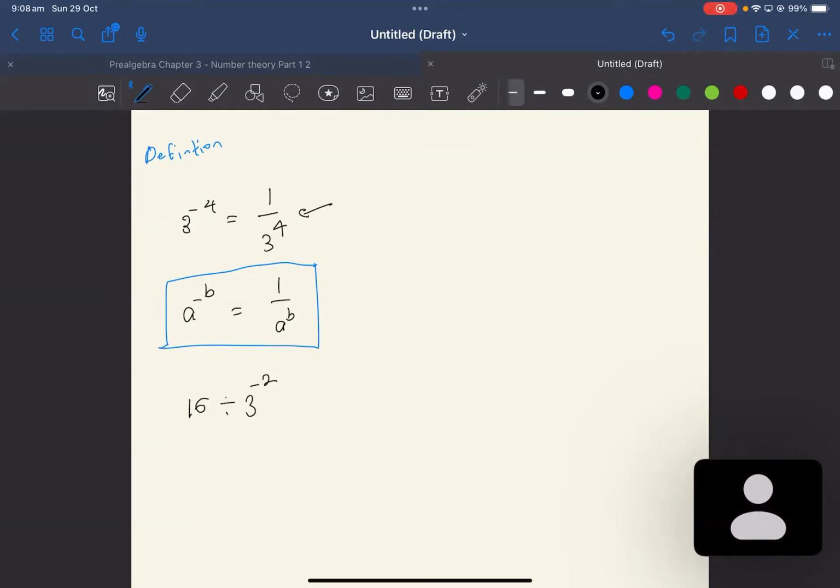Do this example. The answer is 144. I want you to use these ideas.